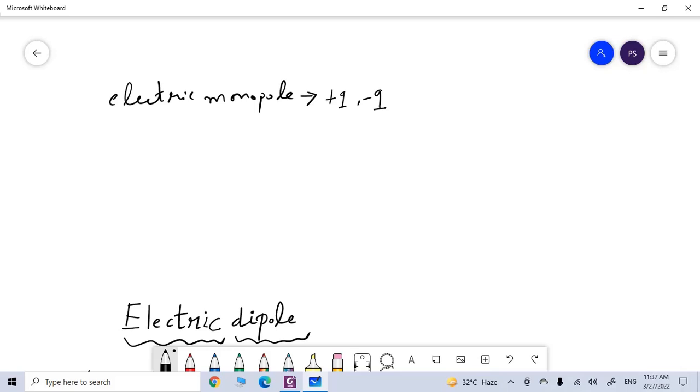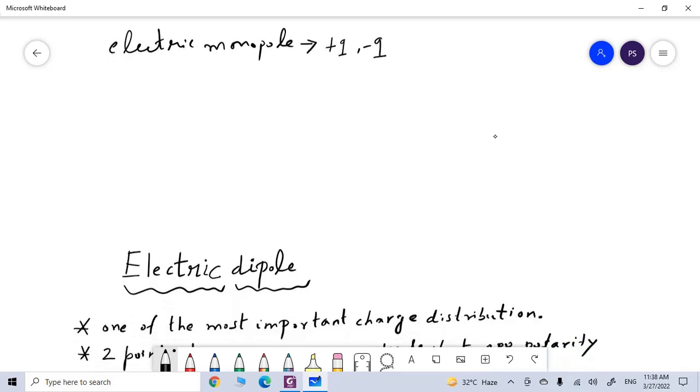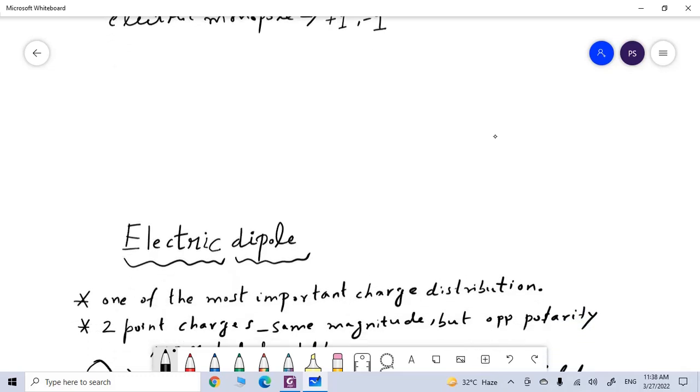We will see whether it has any reasonable electric field and why we need to study the electric dipole. So let's get started with a few definitions. What is an electric dipole? One of the most important charge distributions, I would say, is the electric dipole. Why are we so concerned about it?